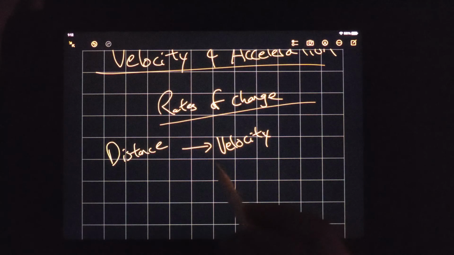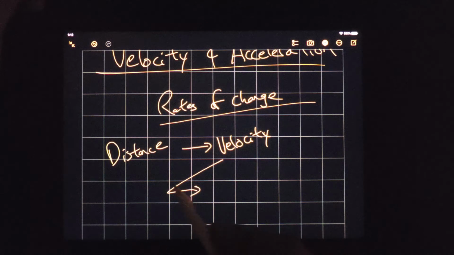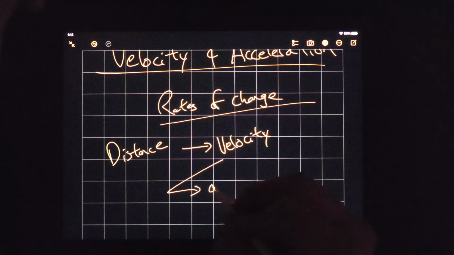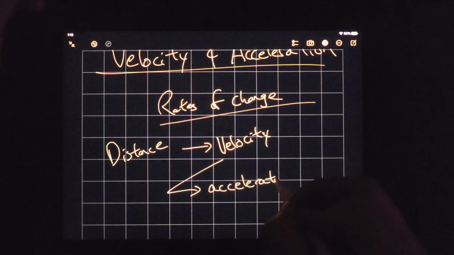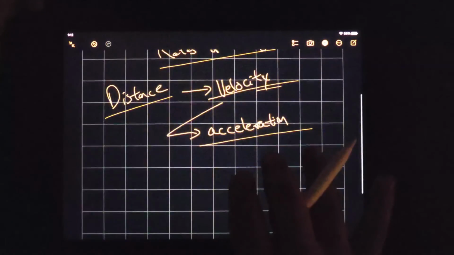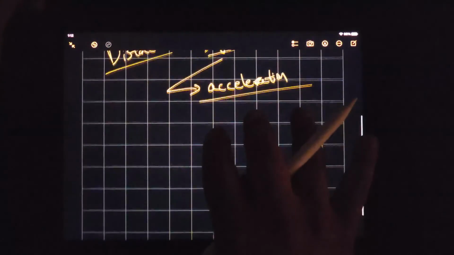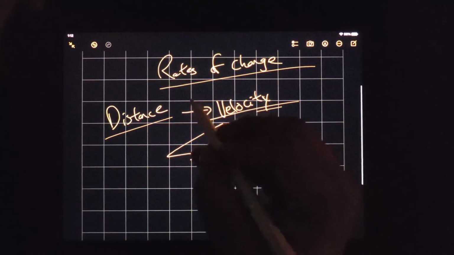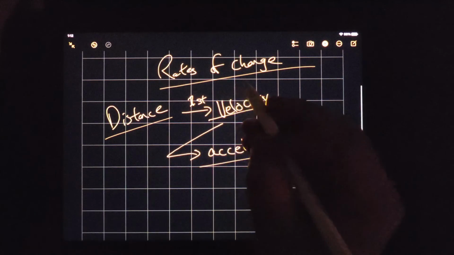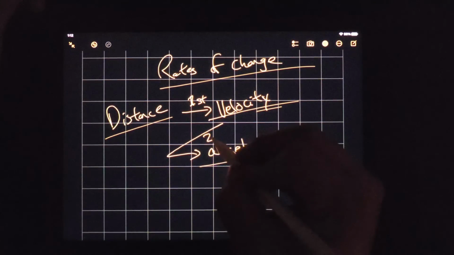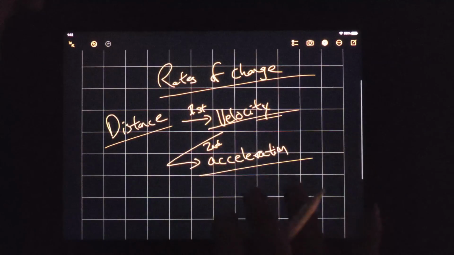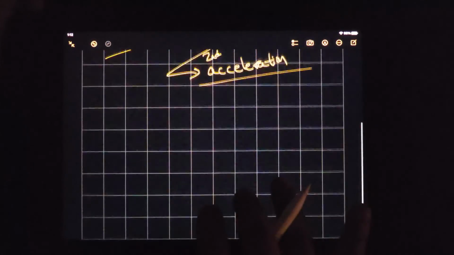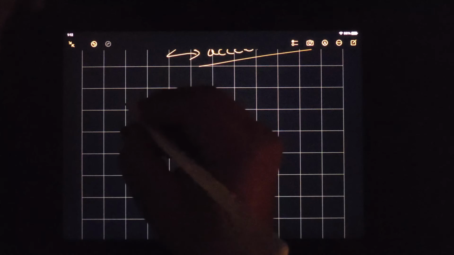And if you take the derivative of velocity at any given point as it's changing, that will give you the acceleration. And that is why we look at velocity and acceleration, because if you do the first derivative and the second derivative, that's how you get to these. So speaking of first and second derivatives, let's actually just try an example.